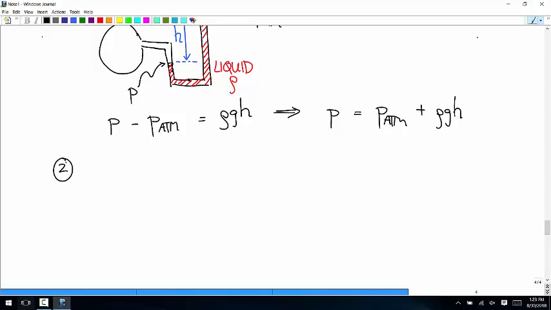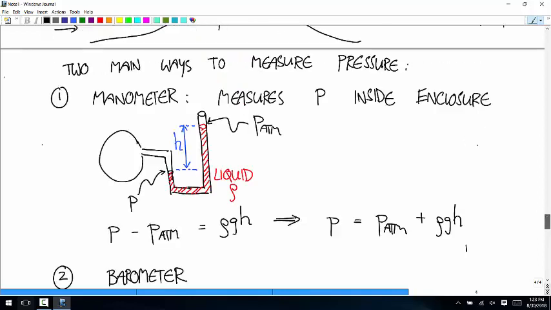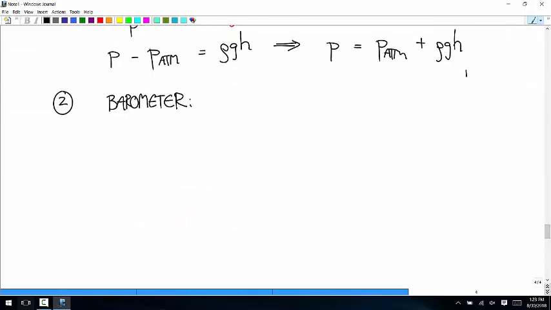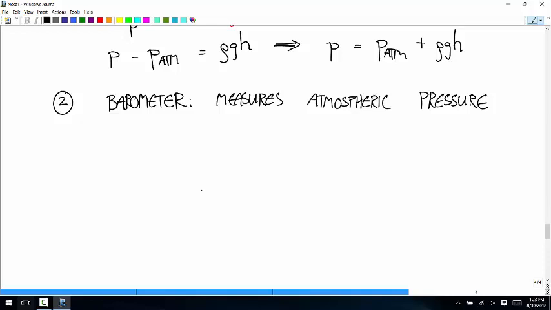The second one is called the barometer, and you use a barometer to measure atmospheric pressure. That looks like this.